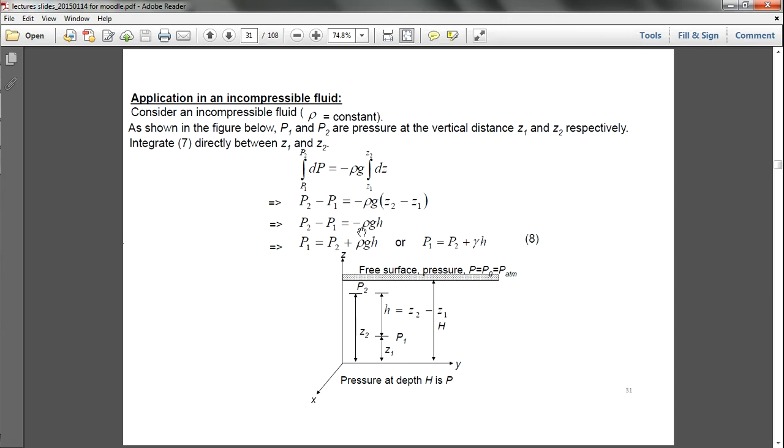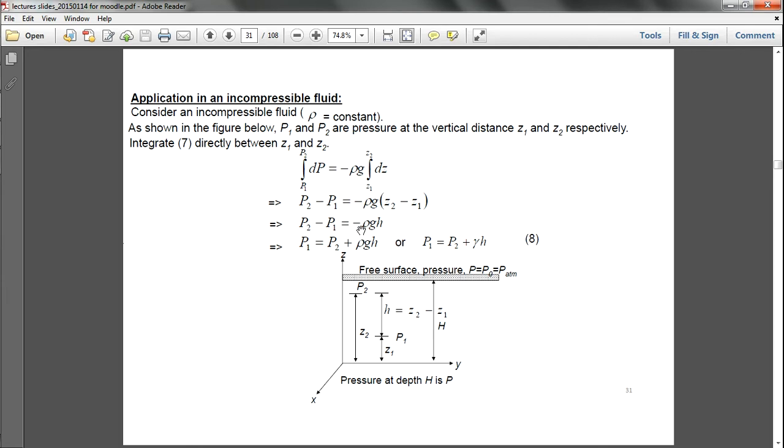If they ask you to derive this equation, it is simple, but intuitionally mind-blowing. You have to set your datum point, then set the positions, and then integrate from this point to this point, so that z2 minus z1 gives you the difference in the pressure. It's a very simple formula.